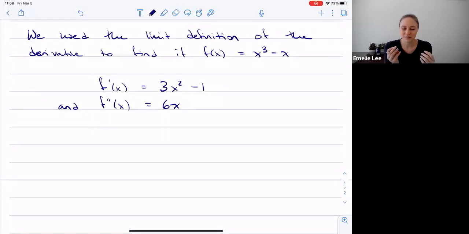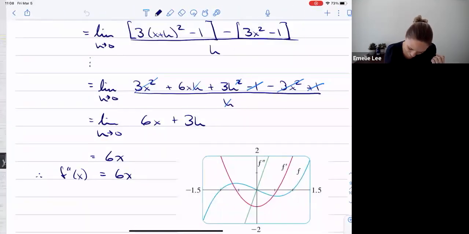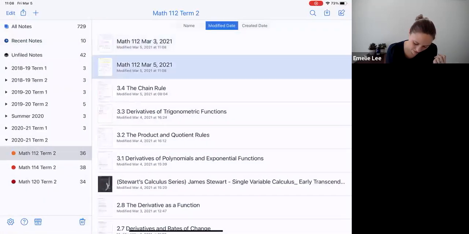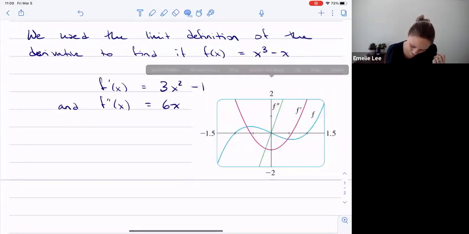With a little bit of patience, you can tease it apart and say, okay, when the slope is positive on the original function, and let me just go grab it here.